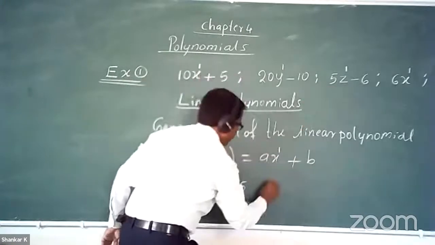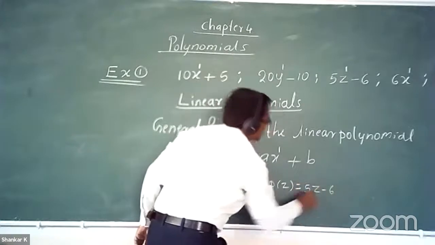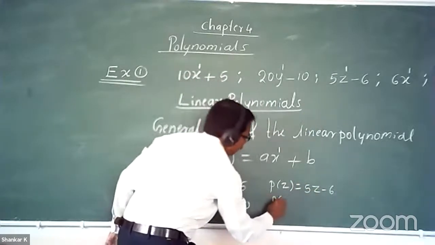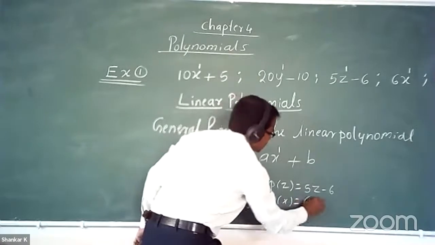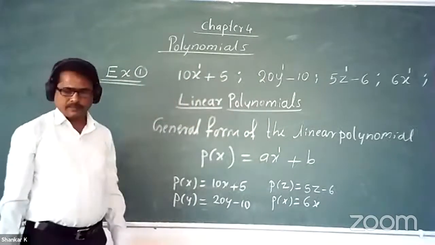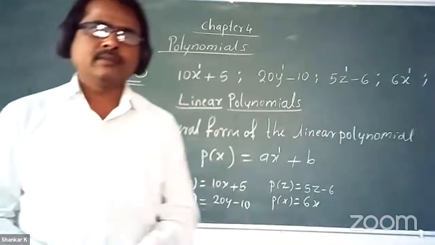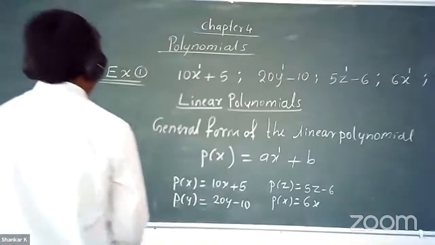This one, P of z equal to 5z minus 6. That one, P of x equal to 6x. You understood, students, this much? Yes, sir. You understood. Okay.